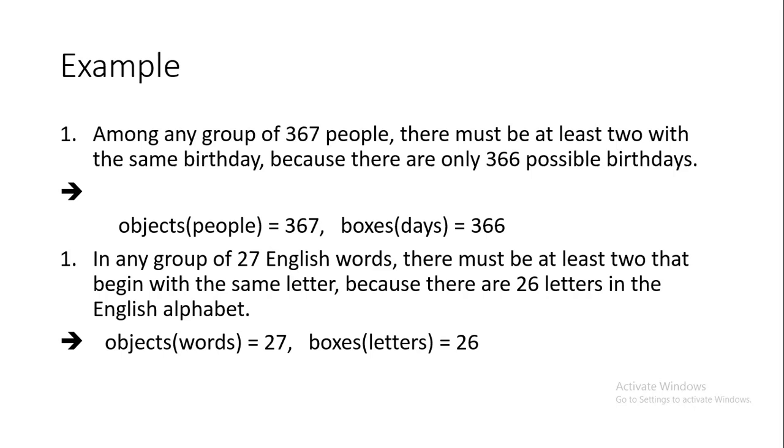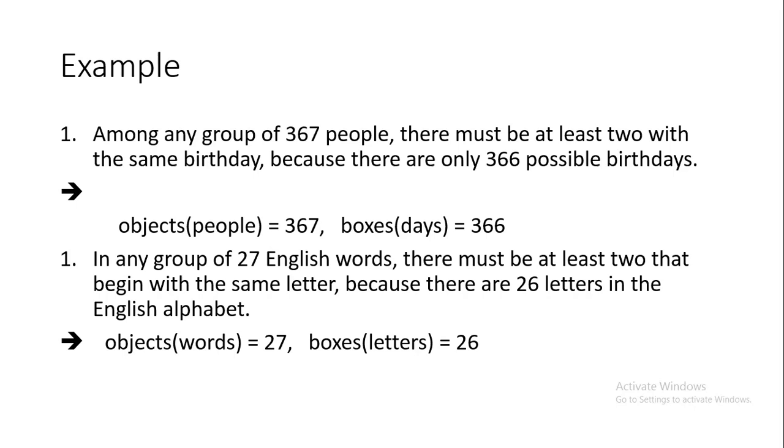So among these days, one day must contain at least two people. Understood? So by the pigeonhole principle, we can say that there must be at least two people having the same birthday. Days are 366 and people are 367, so at least two have the same birthday.